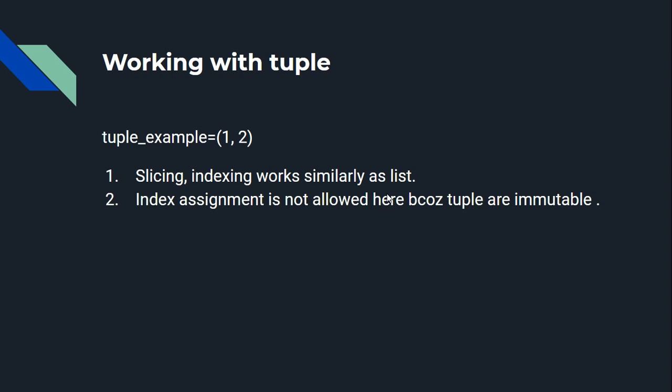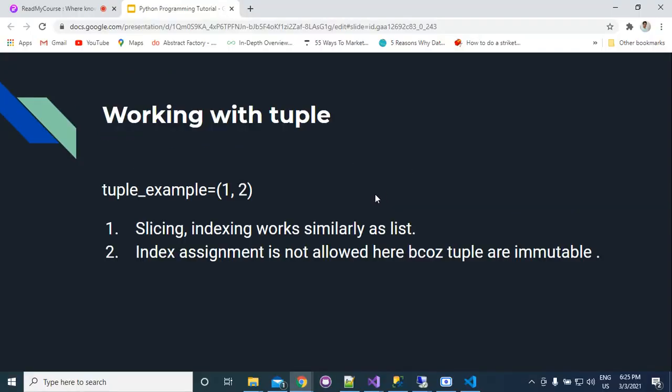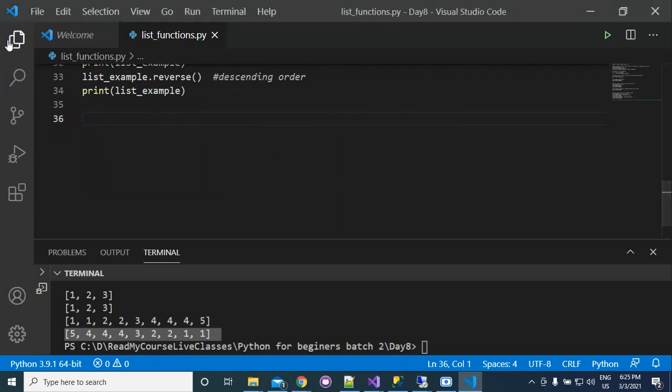As in case of string, I told you that you cannot mutate a string. You cannot change any character present at any particular position in the string. Similarly, you cannot use assignment in case of tuple. Now we are going to have the example of tuple.